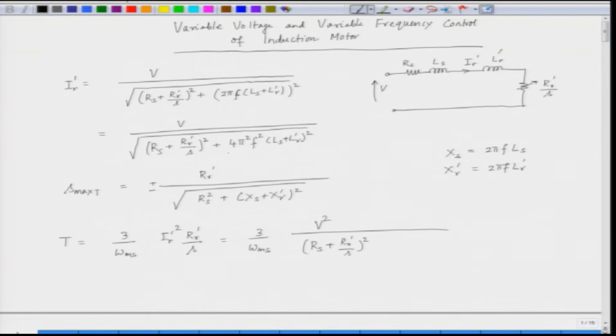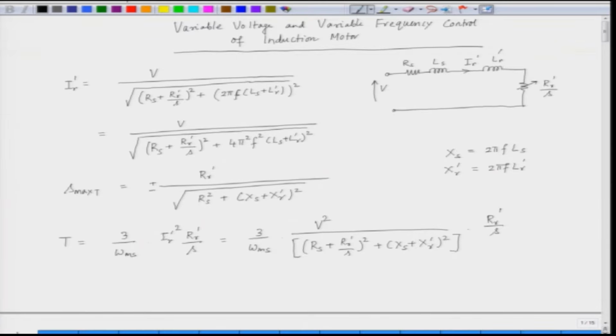I am now writing in terms of the reactances, plus X s plus X r prime square, into R r prime by S. Now, what we do, we substitute in the torque equation the slip for the maximum torque.